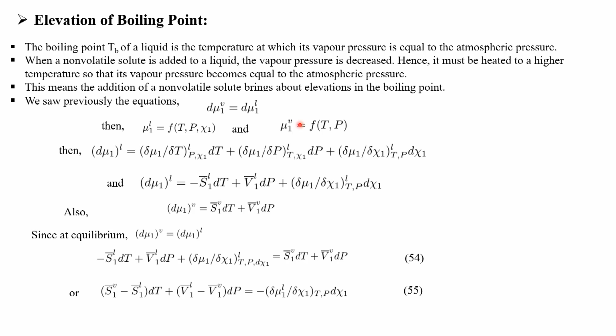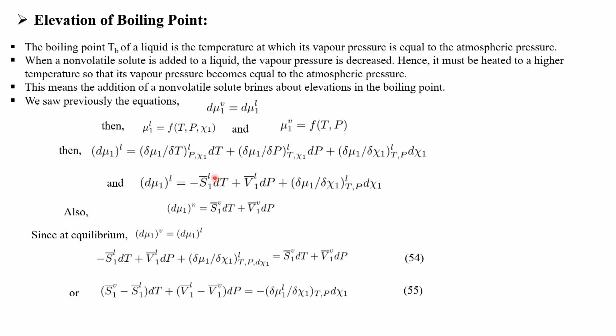And d mu 1 L is del mu 1 by del T at constant pressure and mole fraction times dT, plus del mu 1 by del P when T and x1 are constant times dP, plus del mu 1 by del x1 for the liquid phase when temperature and pressure are constant times dx1.